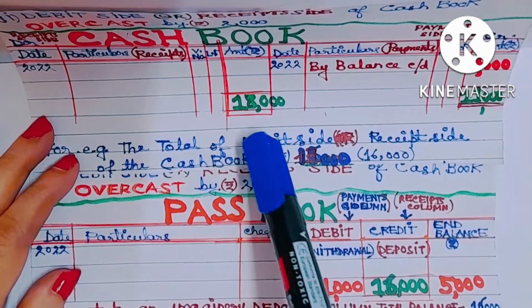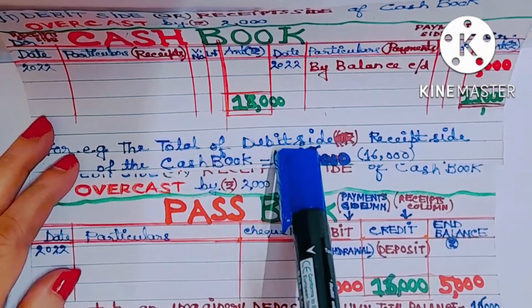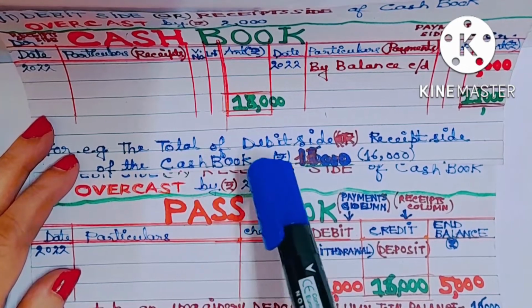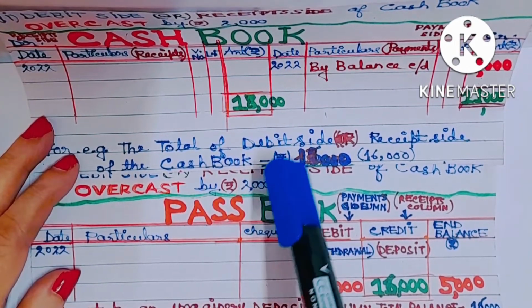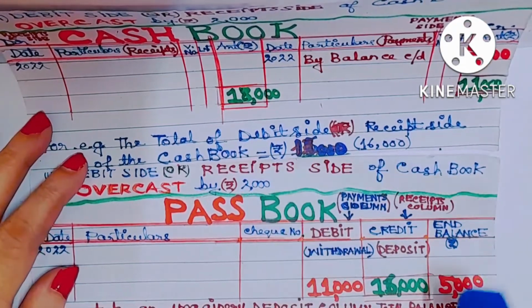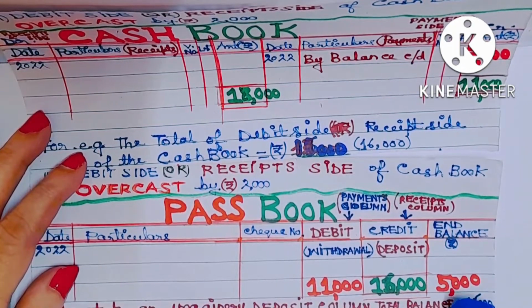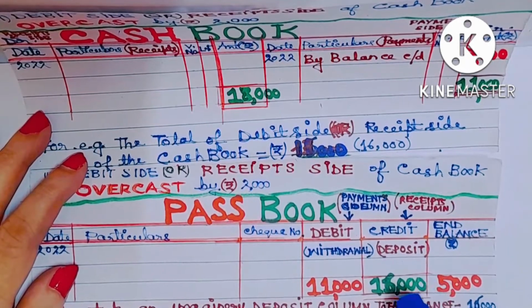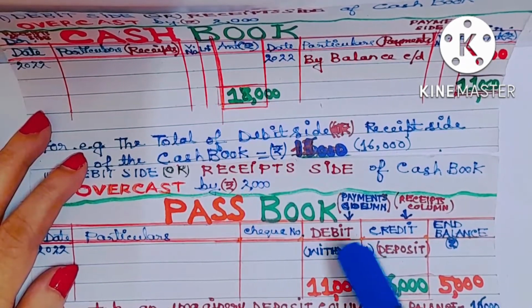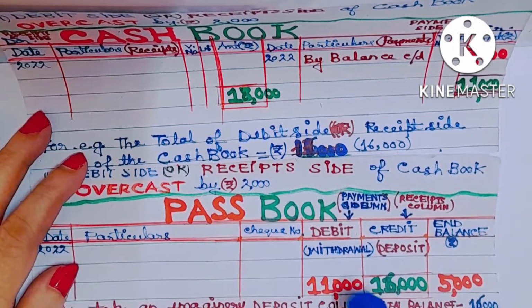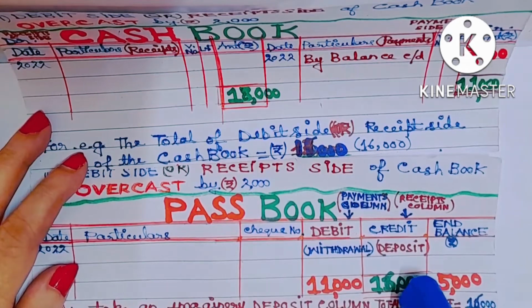Please remember, overcasting of debit side or receipt side by 2,000 means cash book balance will be more by 2,000 in comparison to the passbook balance. I've shown you why. See, the passbook balance is 5,000 and the cash book balance is 7,000. Here the total of receipt column is 16,000 and the total of payments column is 11,000. So if you deduct 11,000 from 16,000, you will get 5,000.